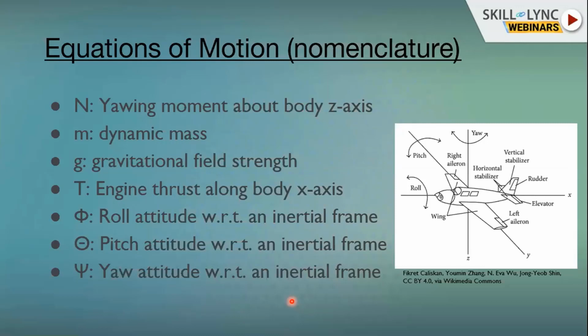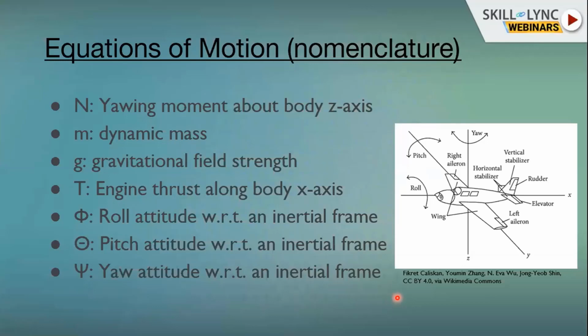And we talked about psi, theta, phi, or phi, theta, psi. Those are the attitudes. The psi, theta, phi are nothing but how far away the body axis has rotated from the inertial frame. We have seen the inertial frame and body frame in the previous slide.